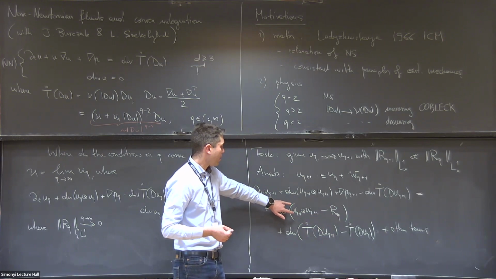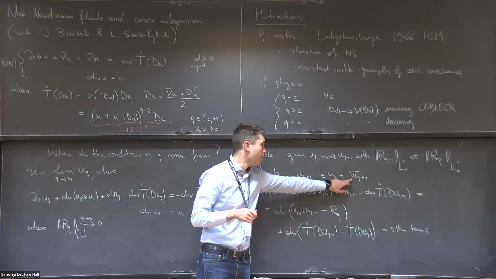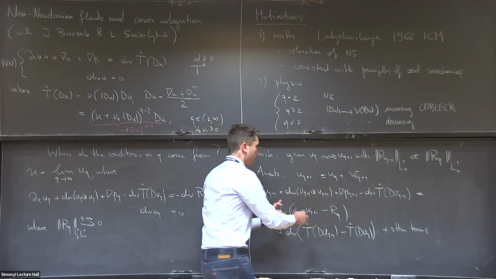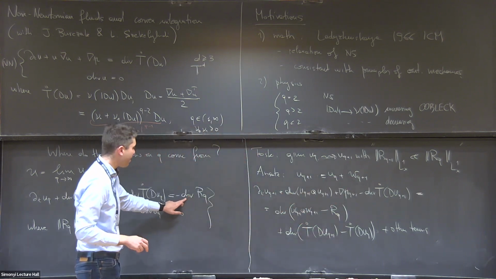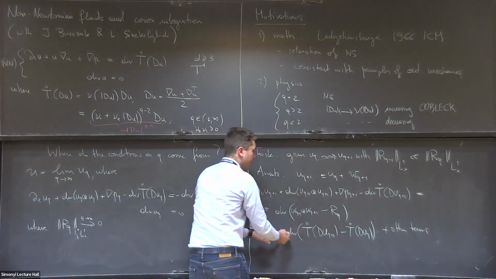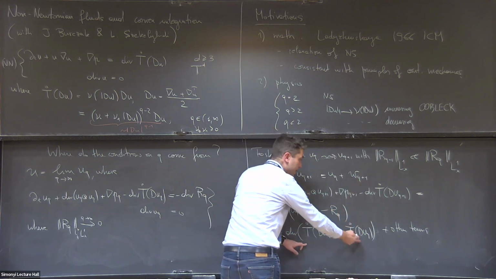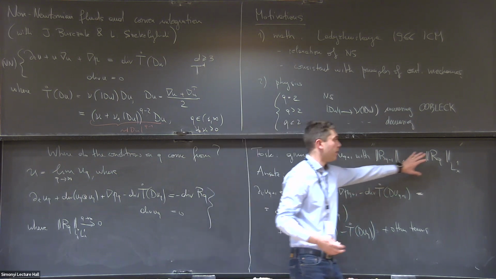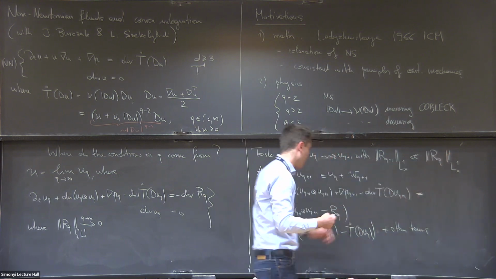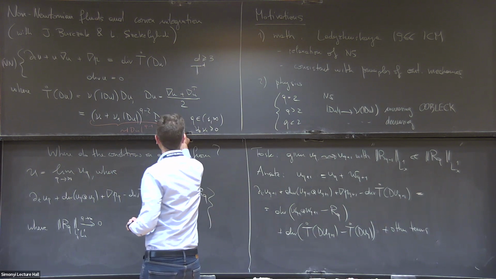What one has to do is design this W so that both of them become much smaller than the previous error. You see, I want to write the error as the divergence of something. Here I have the divergence of this one and the divergence of that. So I want to design W so that both this and this become much smaller than the previous error. This is my goal. And okay, let me write it here.